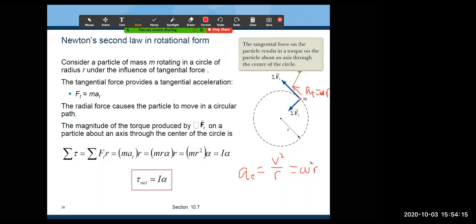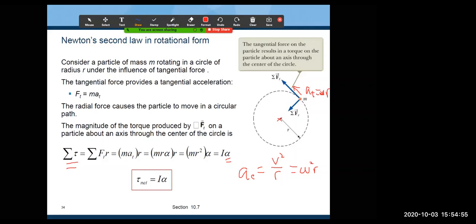So you could rewrite the equation as m r alpha times r. m r times r becomes m r squared, which for a single particle is just the moment of inertia for that particle about the axis of rotation. So for this particle, it has a moment of inertia I about the axis of rotation, and the effect of torque, as you will see, is to generate an angular acceleration.